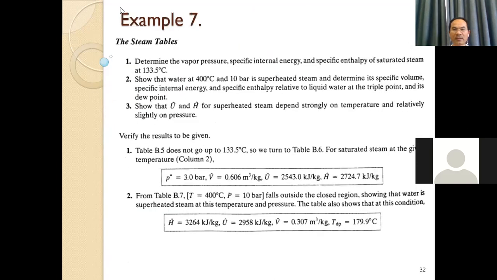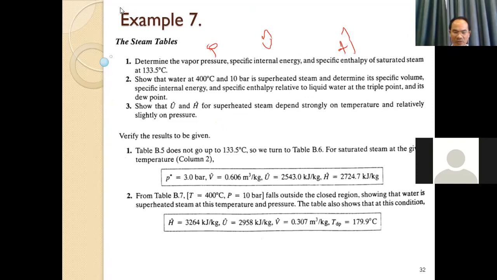Like this one: determine the vapor pressure, specific internal energy, and specific volume of the steam, which is saturated vapor at 133.5 Celsius.